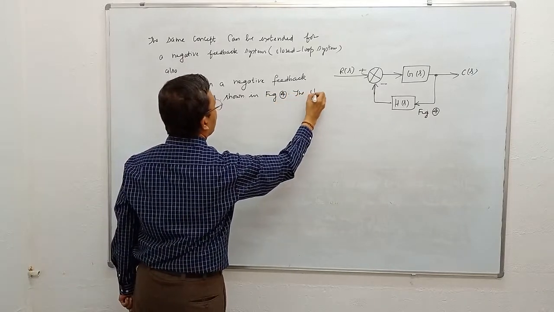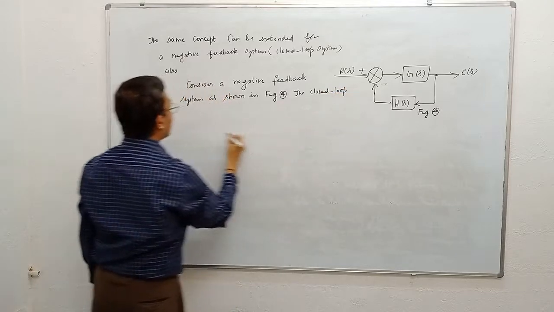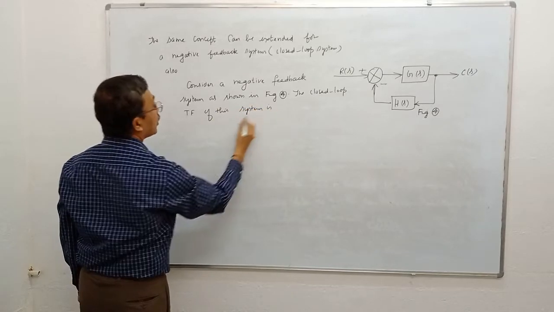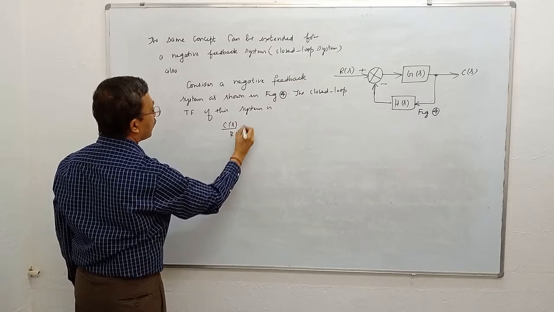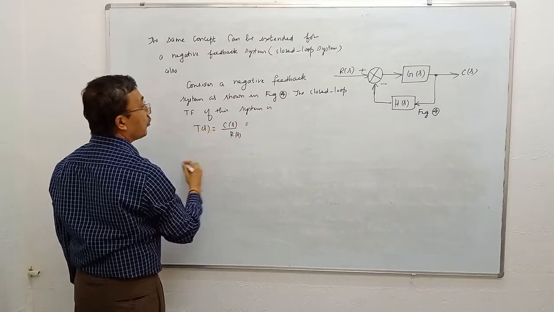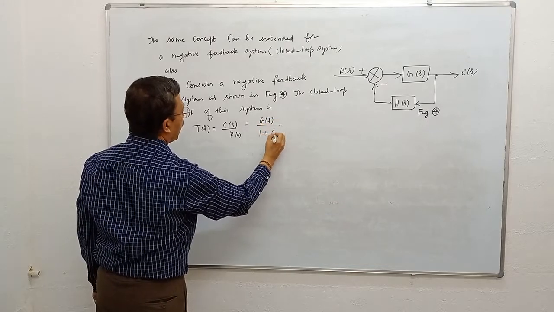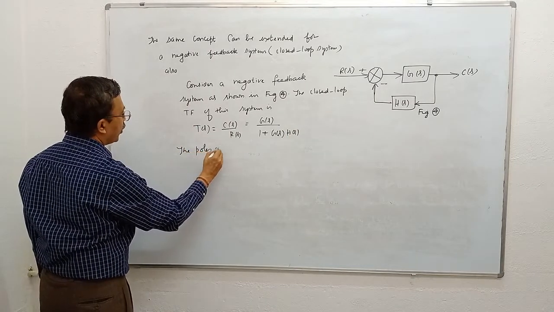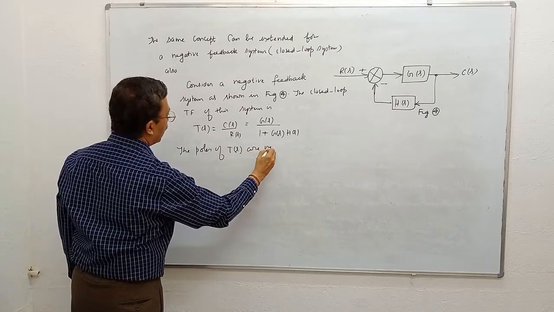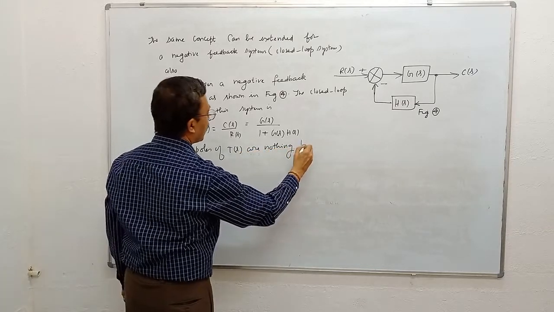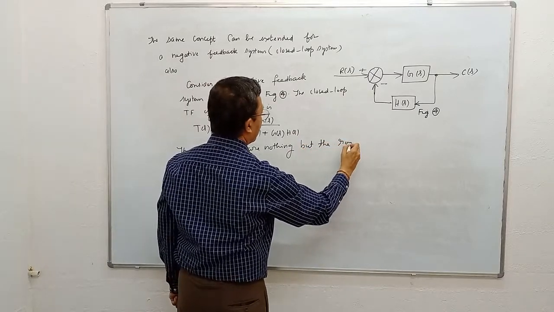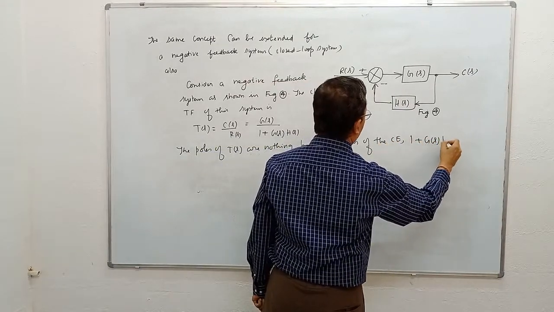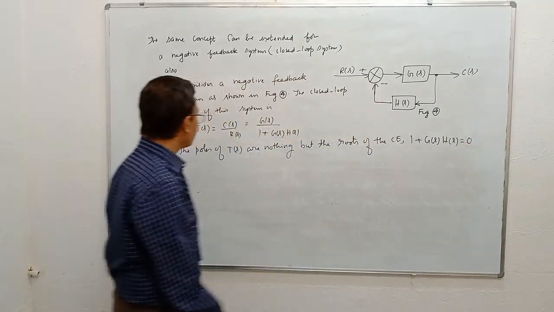The closed loop transfer function of this system is C of S divided by R of S, equal to T of S, equal to G of S divided by 1 plus G of S H of S. The poles of T of S are nothing but the roots of the characteristic equation 1 plus G of S H of S equal to 0.